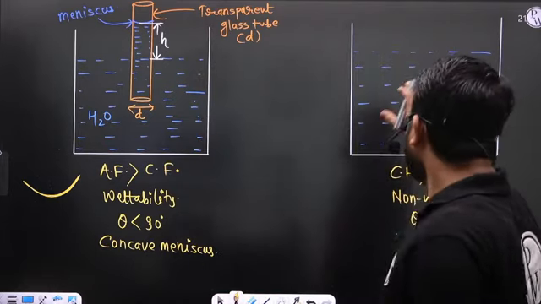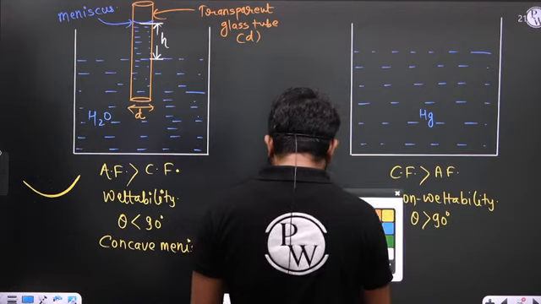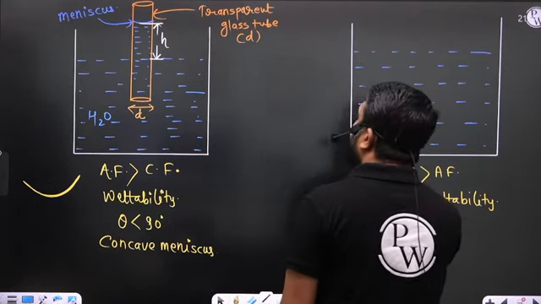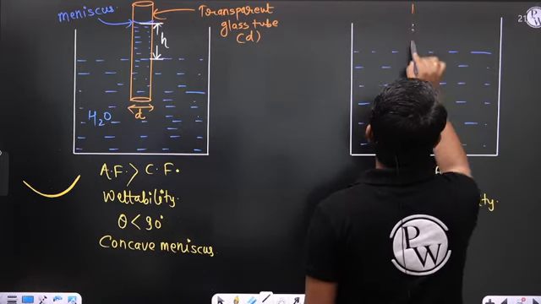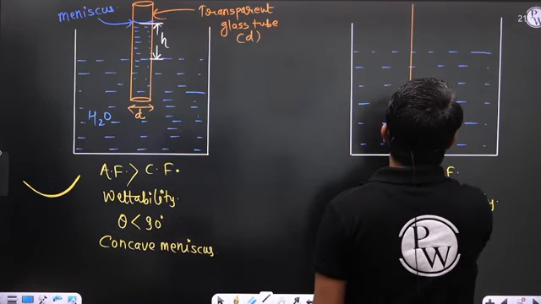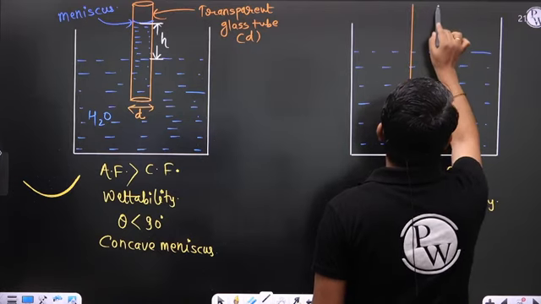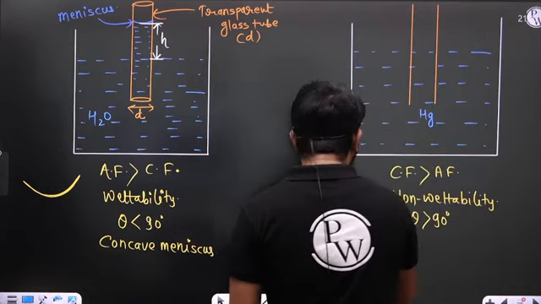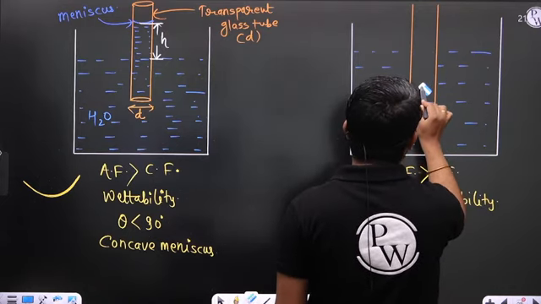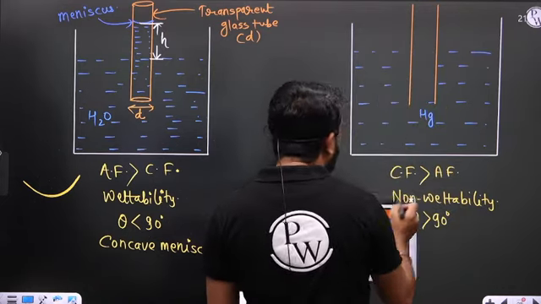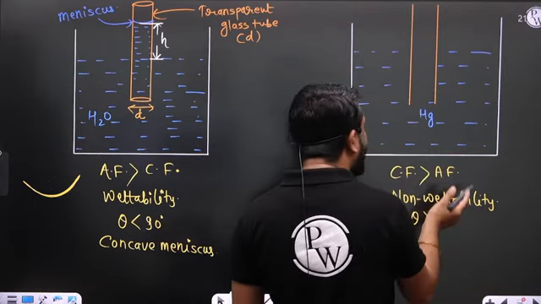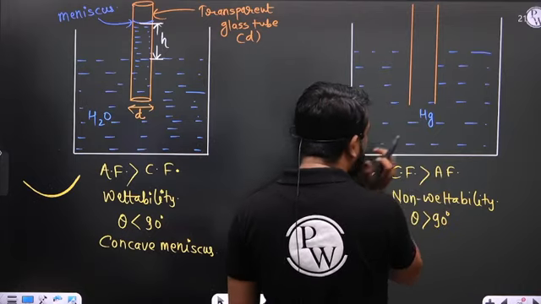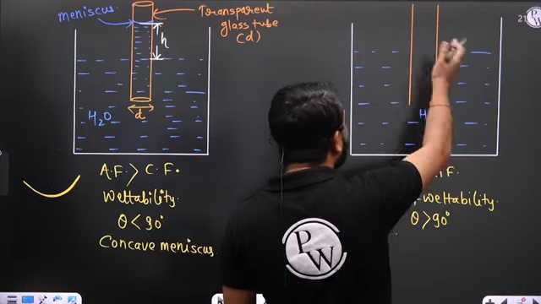Fine. Now come to this beaker. Again I am doing the same thing: taking a small diameter transparent glass tube. Since the cohesive force is greater than the adhesive force between the glass tube and the mercury molecules, the adhesive force is lesser and the cohesive force is more.